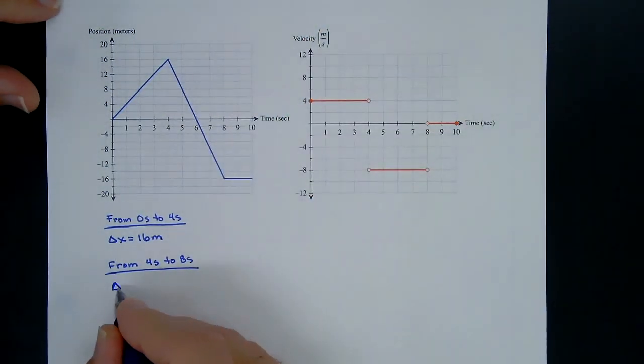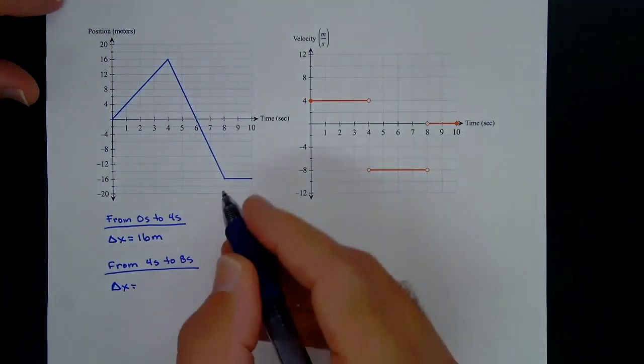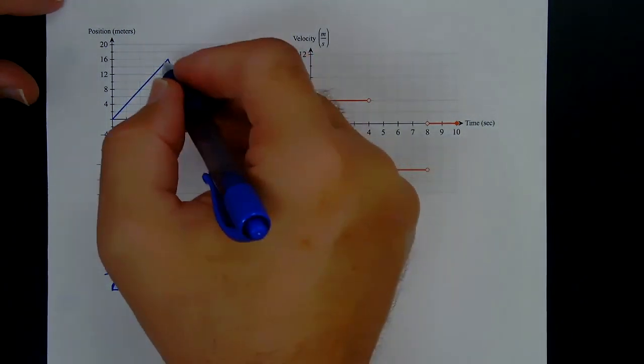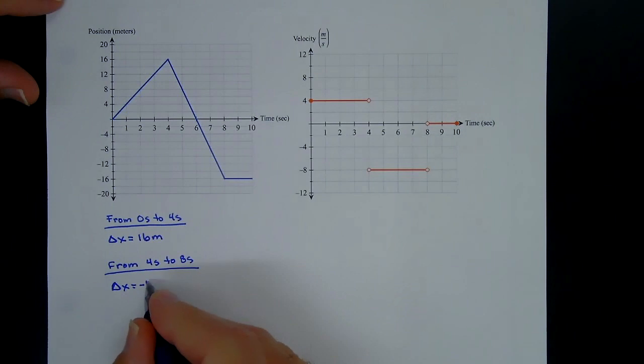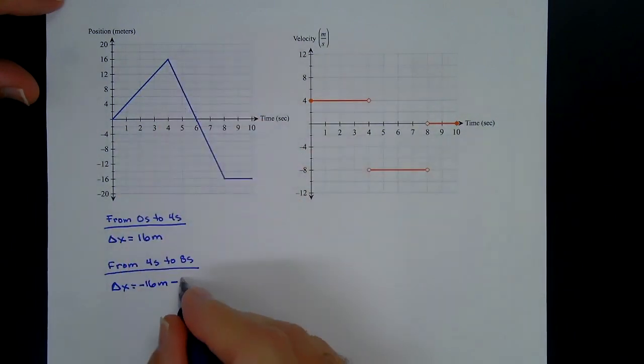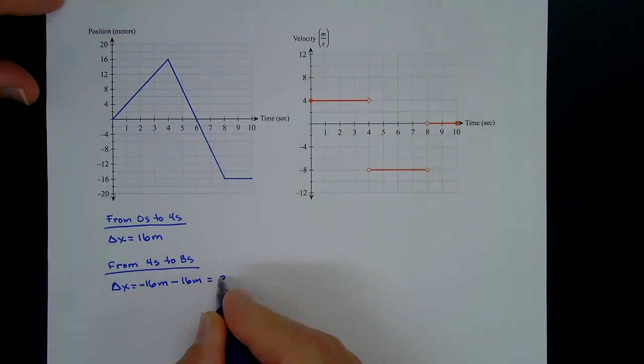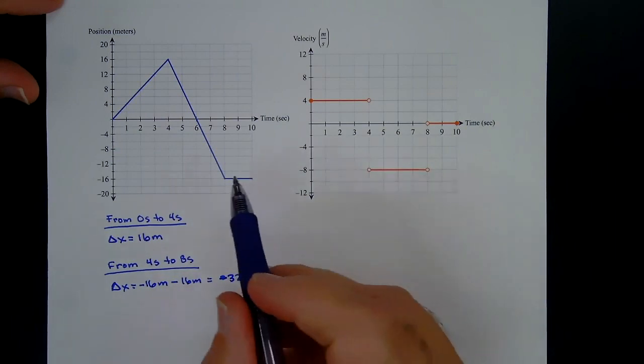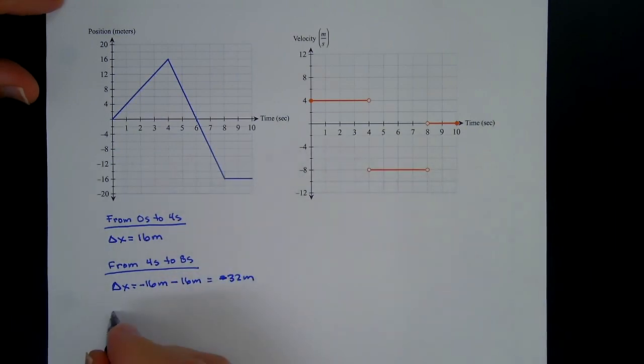You could also do it this way: my delta x is where we ended up, negative 16 meters, minus what we started at, which was 16 meters. That gives us negative 32 meters. I also want to do from 8 to 10.